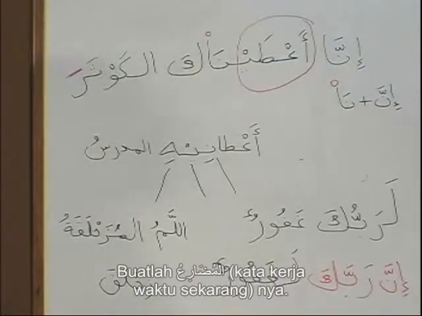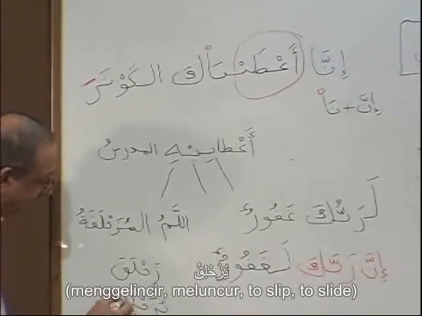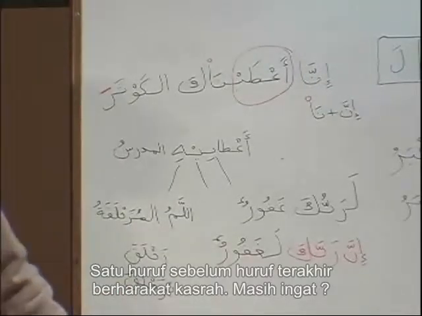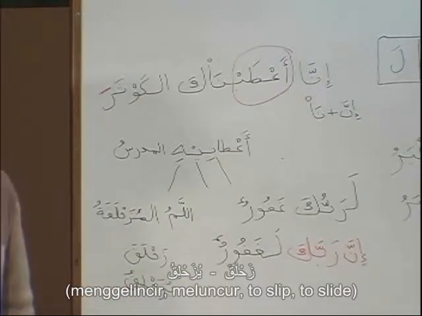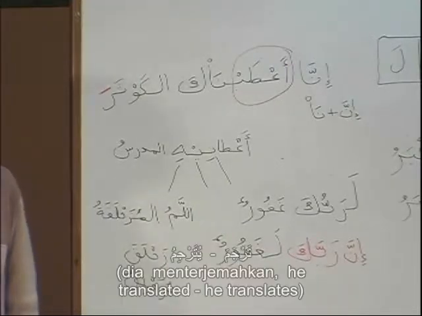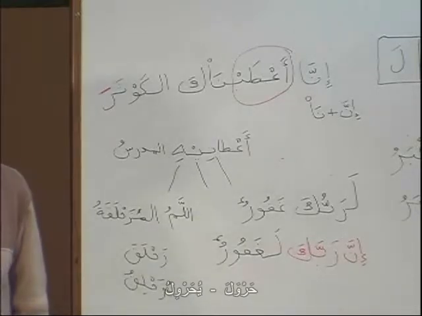Make it mudari. You start with ya: yuzahliqu. The letter before the last gets a kasra. Remember? When we go into mudari with four letters, five letters. Zahlaqa, yuzahliqu. One more verb I tell you. Tarjama, make it mudari: yutarjimu. Zalzala, yuzalzilu. Harwala, yuharwilu. Got the idea?